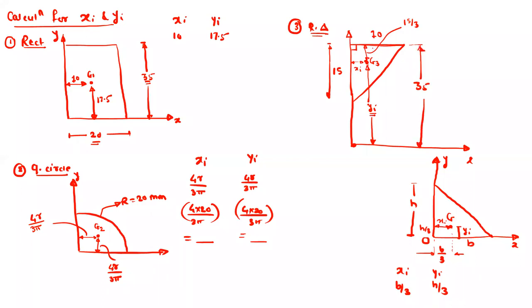From 35 mm, subtract this 15 by 3, and we will get the required distance yi. So yi is equal to 35 minus 15 by 3. And the x coordinate we can directly get. From the y axis the distance is b by 3, that is 10 by 3. So the x coordinate is 10 by 3 and the y coordinate is 35 minus 15 by 3, which is equal to 40 and 10 by 3.